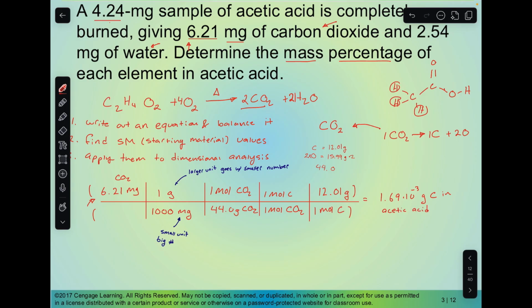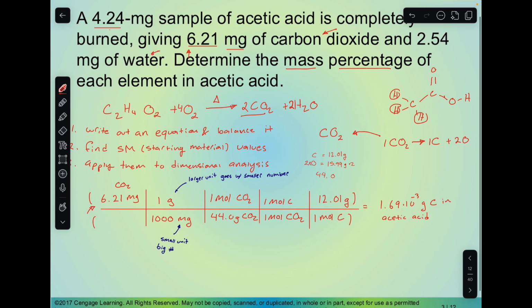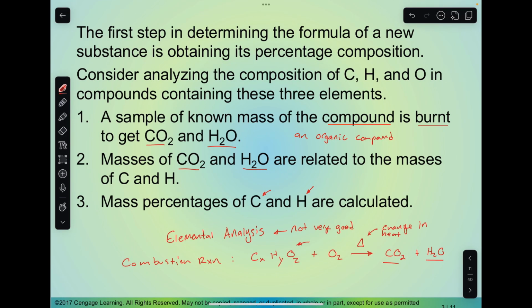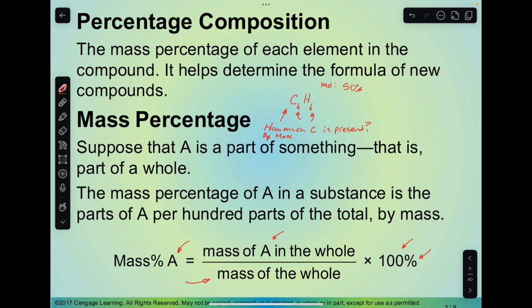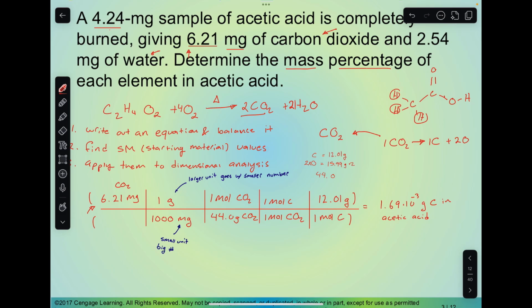To determine the percentage of carbon, you would say, well, this is how many grams of carbon are present. And if we look back, to find the mass percentage, it's the mass of whatever you're looking at divided by the mass of the whole. And so we have the whole, which is 4.24.